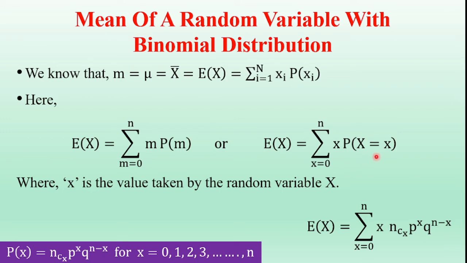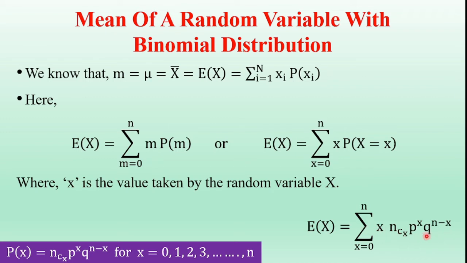Probability of X equal to x is nCx into p power x into q power n minus x for x equal to 0 to n. Substituting p of x into this equation, we get expectation of X equal to sigma x equal to 0 to n, x into nCx p power x into q power n minus x.